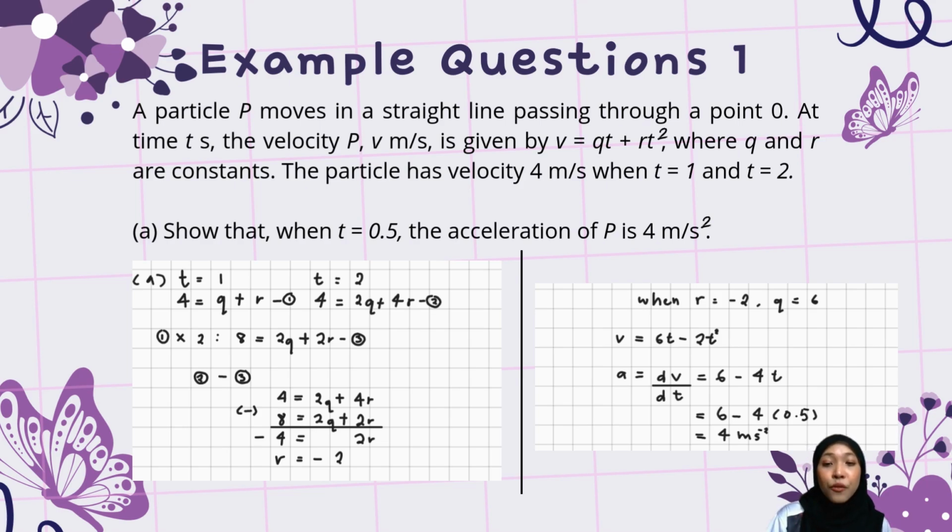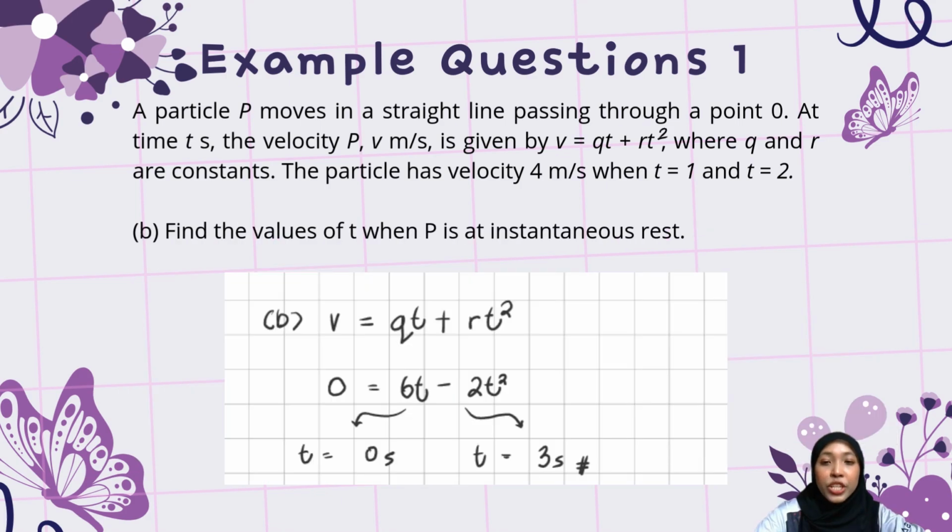So we get v equals 6t minus 2t squared. So a equals dv over dt, which means we perform differentiation, and we get 6 minus 4t. We put t equal to 0.5 and we get the answer, which is 4 m/s squared.